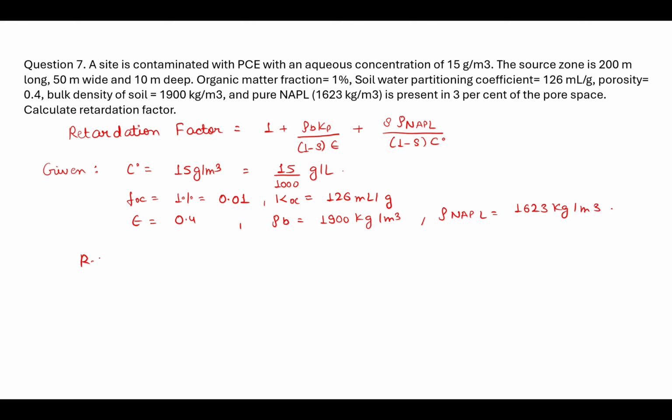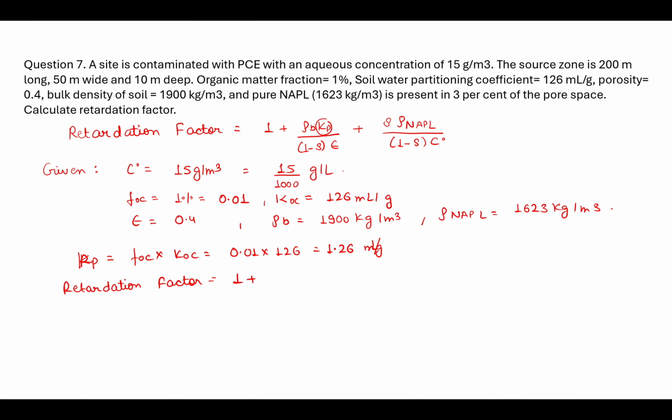Before the retardation factor, let's find out Kp, the partition coefficient. It is given as FOC into KOC, that is 0.01 into 126, which will be 1.26 ml per gram. Now the retardation factor will be 1 plus the bulk density of soil, 1900 kg per meter cube.